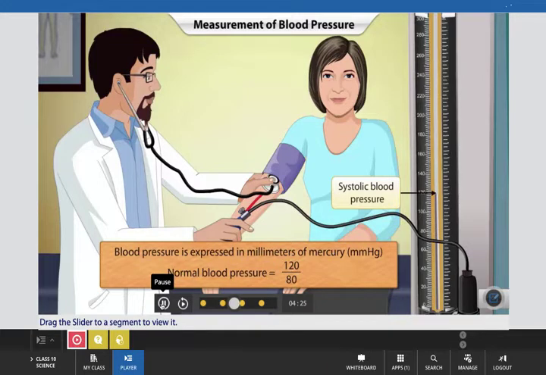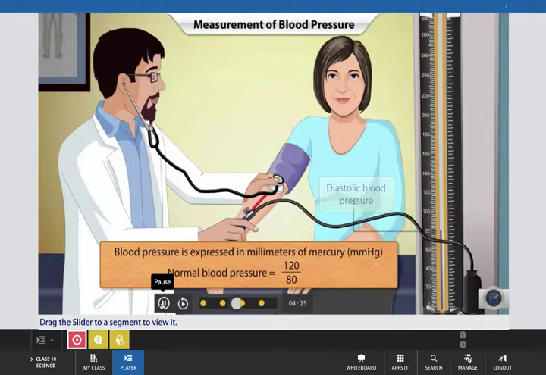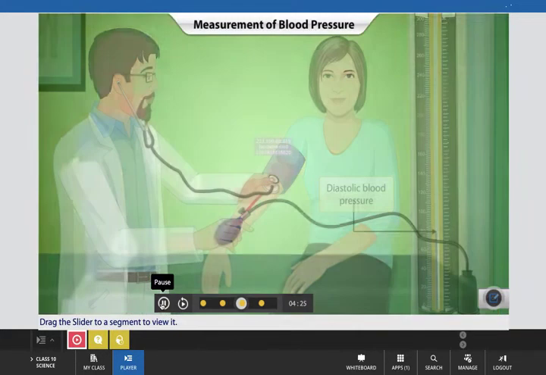The normal blood pressure of a normal person at rest is 120/80. The numerator represents the systolic blood pressure and the denominator denotes the diastolic blood pressure.